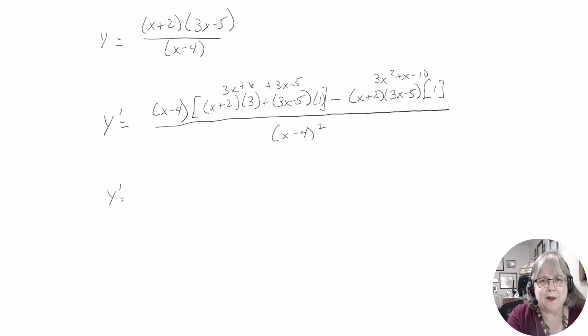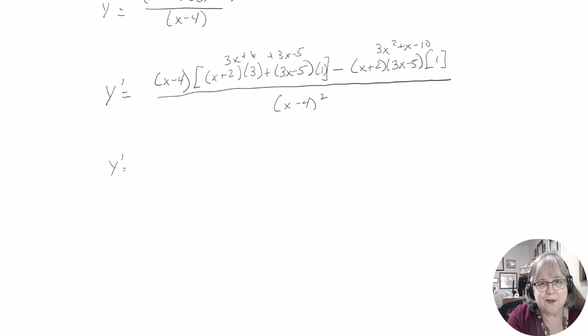This is probably bad form for me to show you, but most teachers will be okay if you do that. Now, what we would have here then is x minus 4 times 6x plus 1. That's what's left over from that one right here.